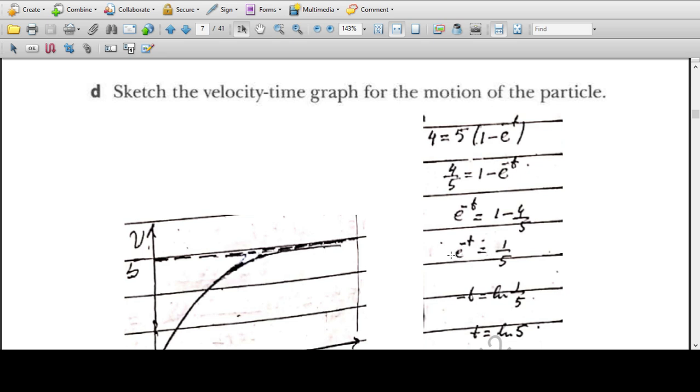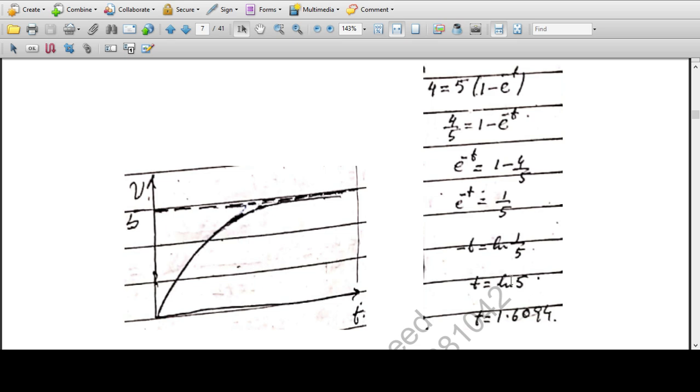Taking log on both sides, −t = ln 1 − ln 5. Since ln 1 = 0, the minus goes out, so t = ln 5, which is t = 1.6094.